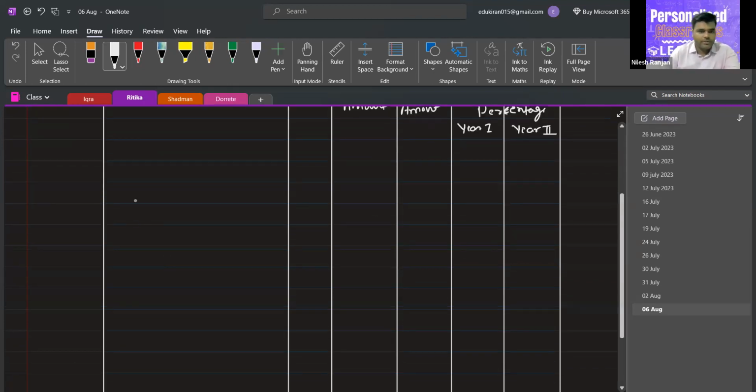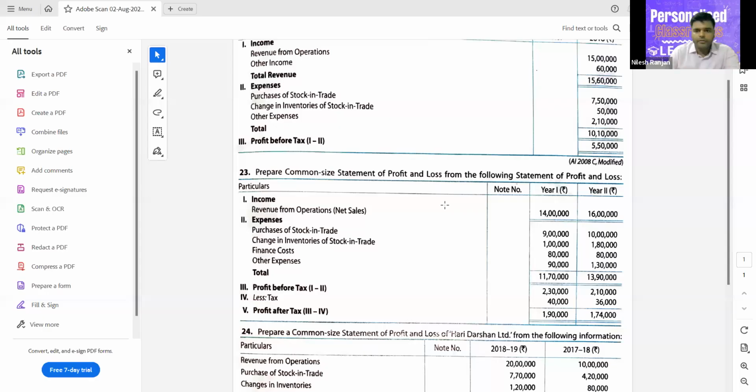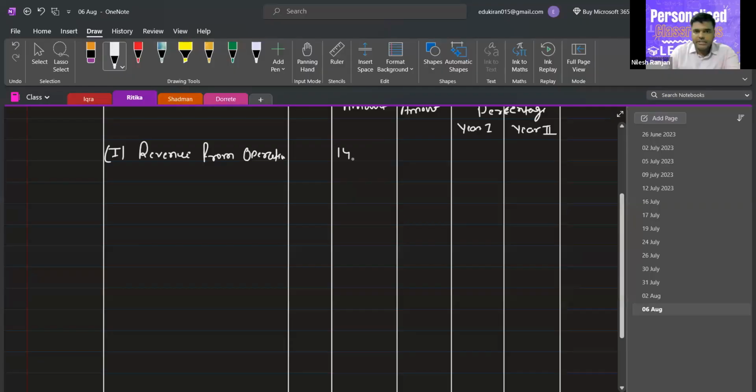Now, the first item is revenue from operation. And the amount of revenue from operation is 14 lakh, 16 lakh.